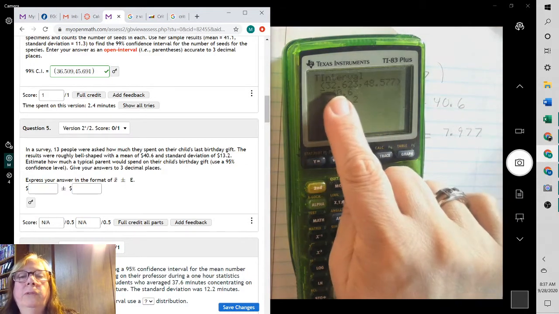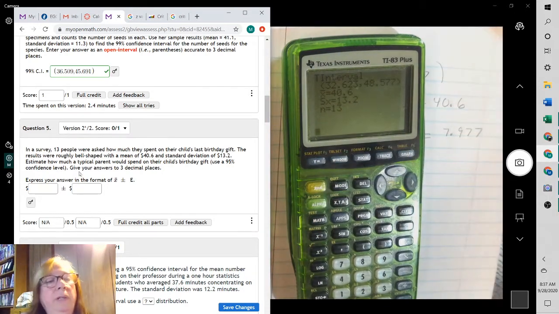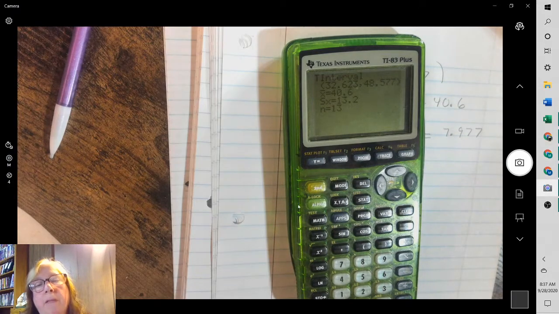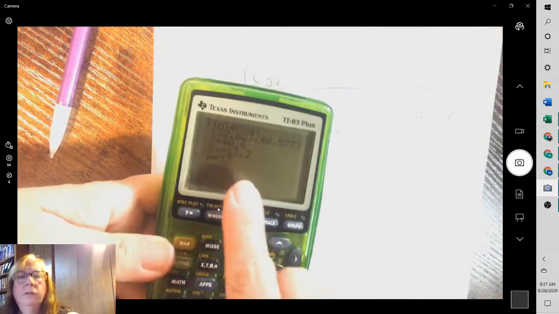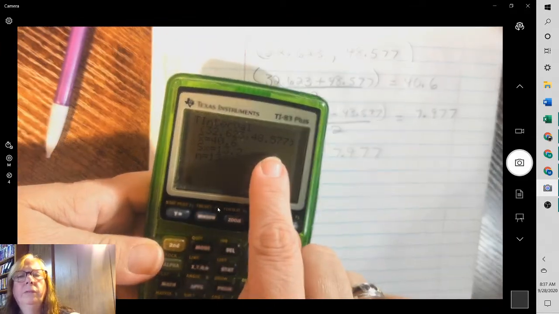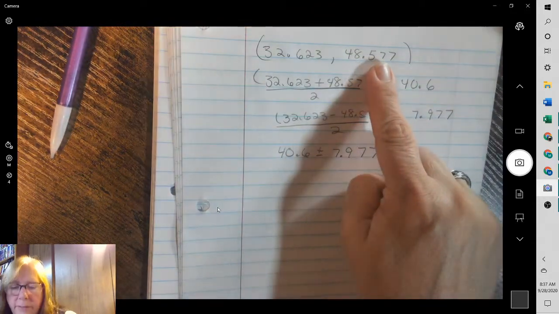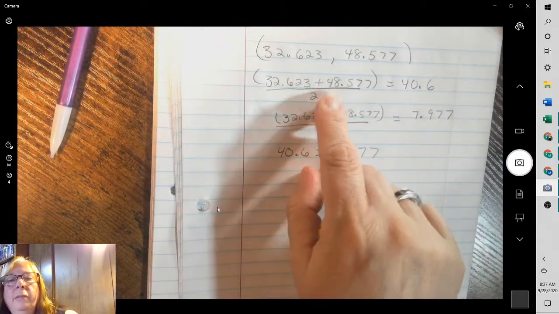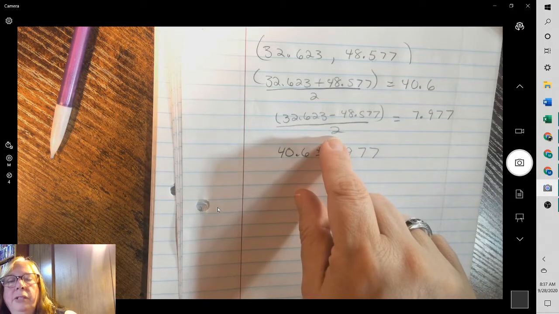Now for your intervals, the way the other problems were, we would write it like this. But they want it written with the plus or minus. So what you need to do is you take that interval, 32 and the 48.577, which I wrote here. You add them and divide by 2, and then subtract them and divide by 2.